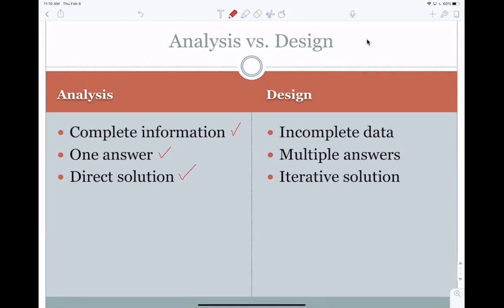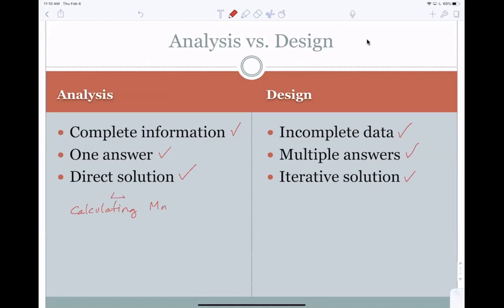You're going to decide some things. There's multiple answers. Not all the answers are the same or need to be the same. There's several acceptable solutions, and the solution is iterative. So calculating Mn is an analysis.